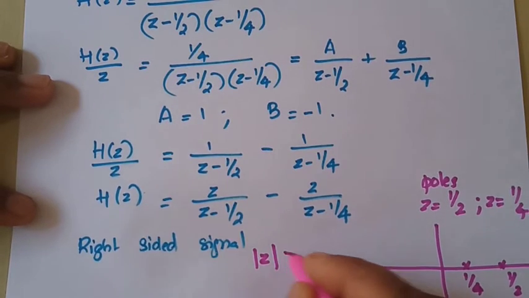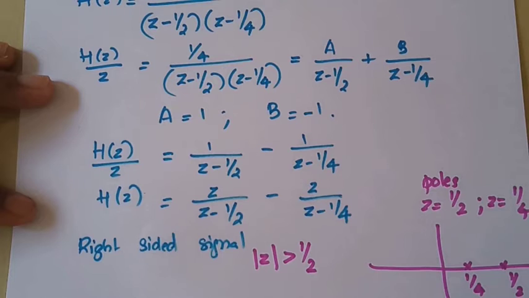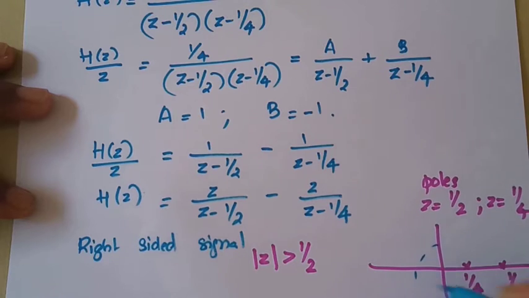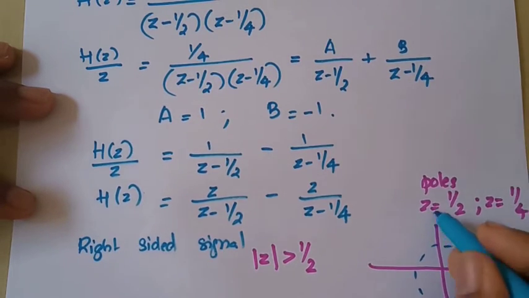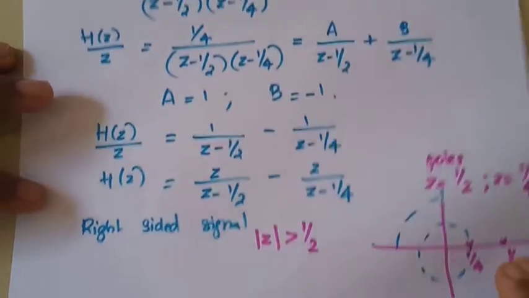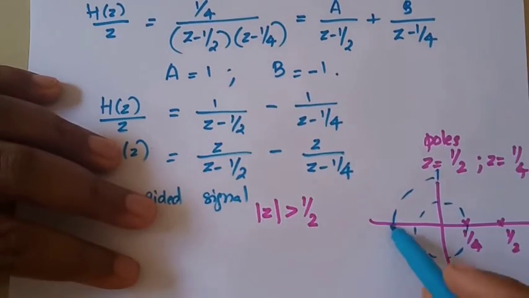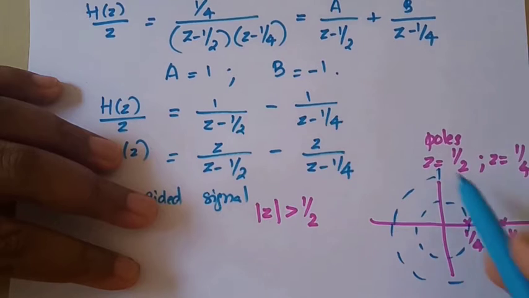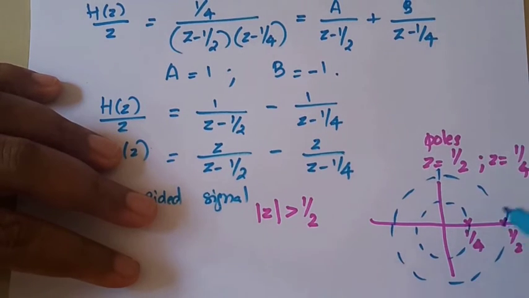For a right sided signal, mod z value should be greater than 1 by 2. We will draw a circle passing through pole 1 by 4 and a circle passing through 1 by 2.